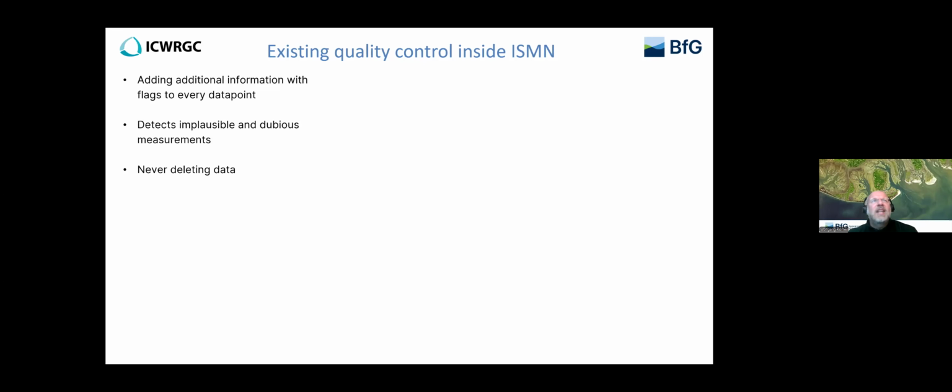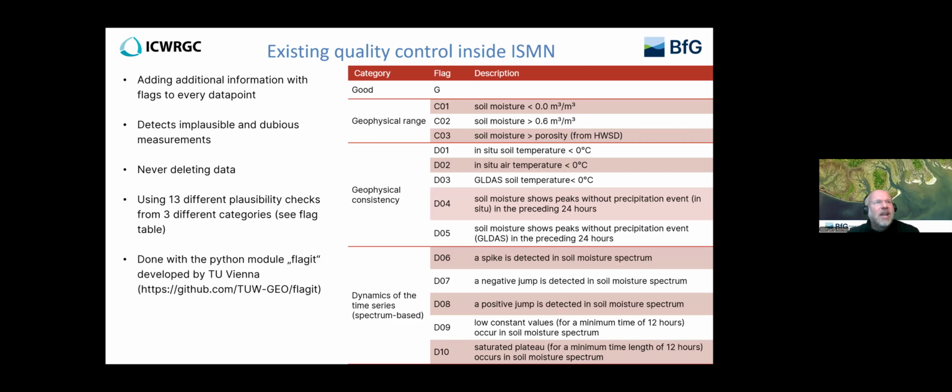So we are adding additional information with a flagging system to every data point in our database, and we try to detect implausible and dubious measurements, and we are never deleting data. So this is just additional information, and we are doing this by using 13 different plausibility checks from 3 different categories. You can see that on the right side in the table.